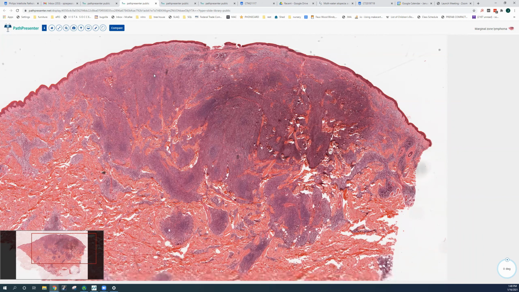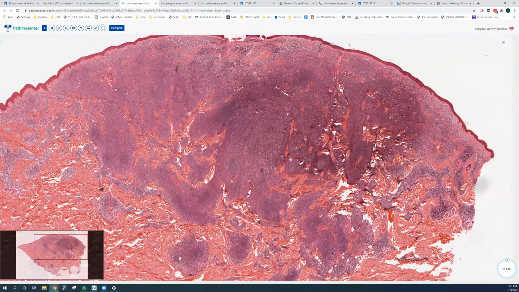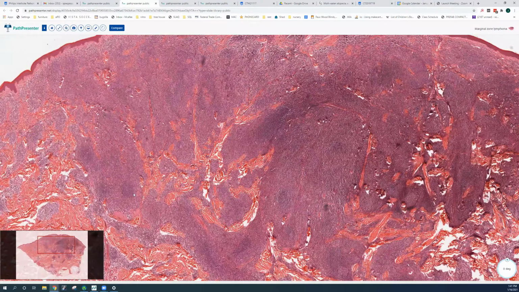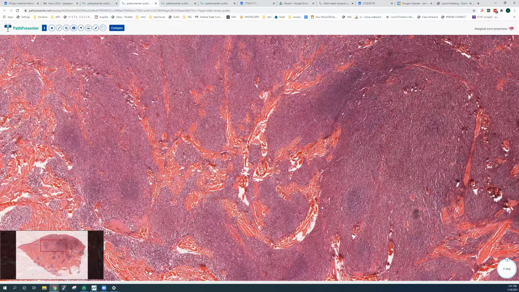This is an example of cutaneous marginal zone lymphoma. I'm not sure if it was Borrelia associated or not, but it does show, as opposed to the cutaneous lymphoid hyperplasia, that it's a little less well organized. It's really dense. You can see there are germinal centers here.